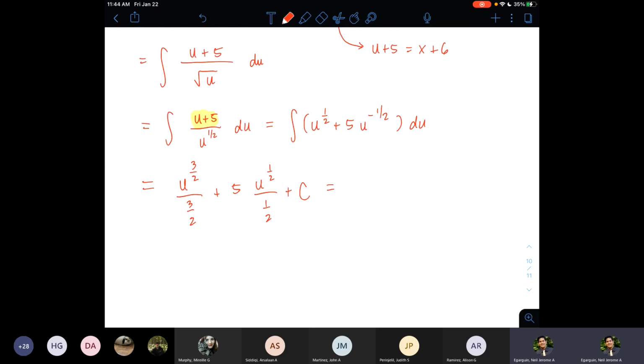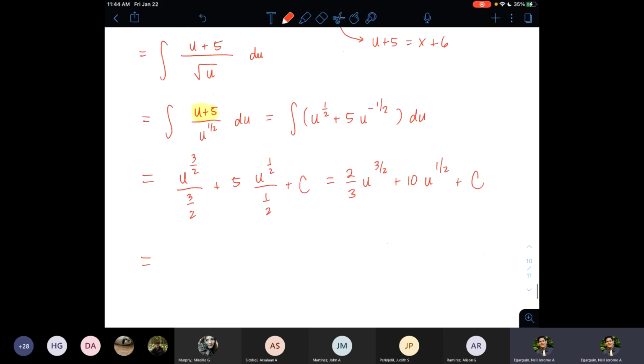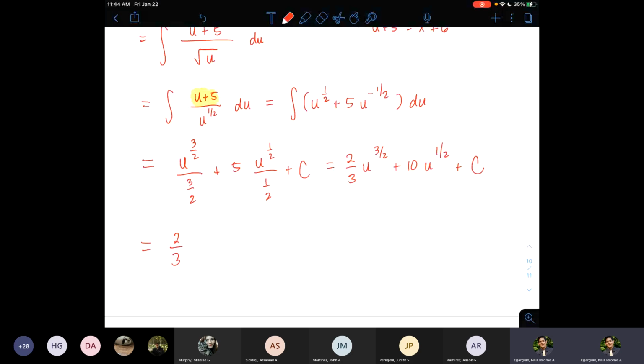And then here I'll have 2/3 of u to the 3/2 plus 10 of u to the 1/2 plus the arbitrary constant c. And then I'll just revert to the original variable. We'll let u be equal to x plus 1. So I'll have 2/3 times (x plus 1) to the 3/2 plus 10 square root of x plus 1 plus the arbitrary constant c.